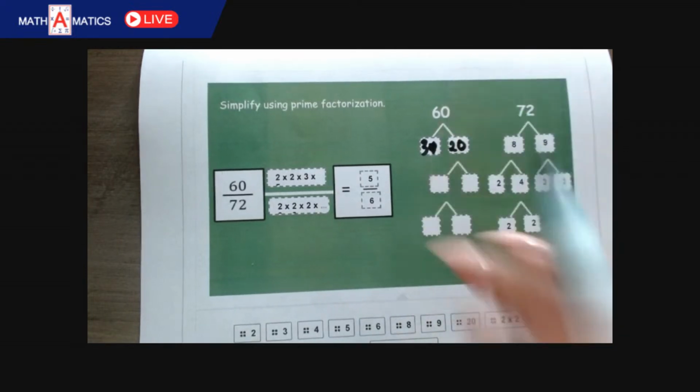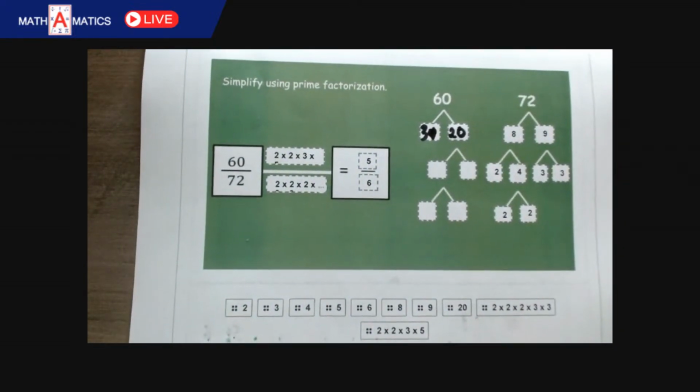So we know we need to break apart that 20. Can anybody drop in the chat what 20 can break into? What two numbers? Let me get some help to make sure everybody's understanding. What multiplies by each other prime that gives us 20?